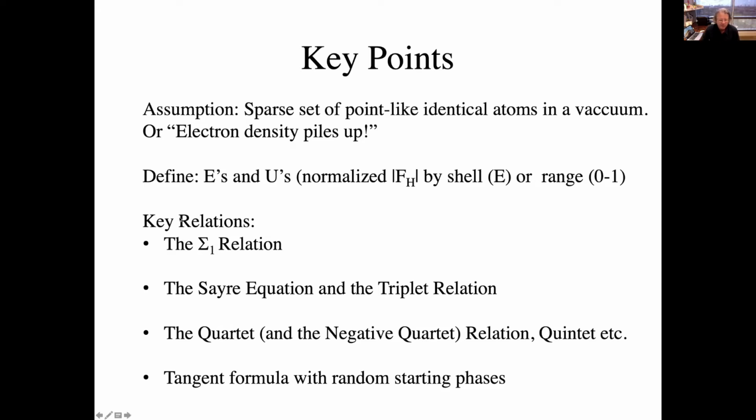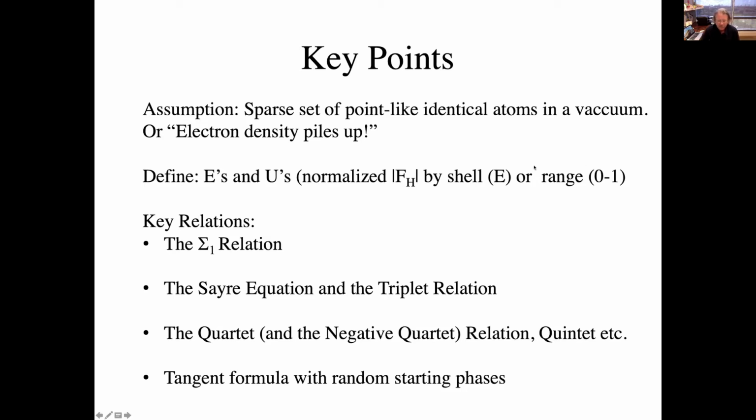These are often converted to what are called E's or U's. E's are modified by all the reflections at the same resolution. This tends to remove effects of the scattering factor or the B factor.